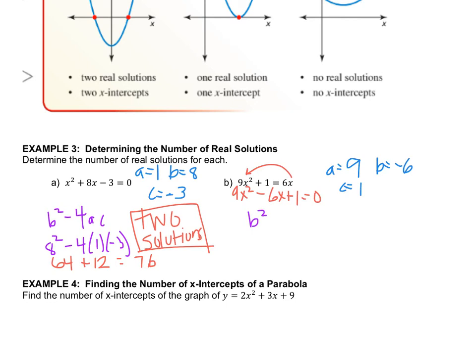So b squared minus 4ac gives me -6 squared minus 4 times 9 times 1. Don't forget that -6 squared is positive 36. 4 times 9 times 1 is 36, so that's 36 minus 36, which is 0. Since there's only one square root of 0, this means that there is one solution.